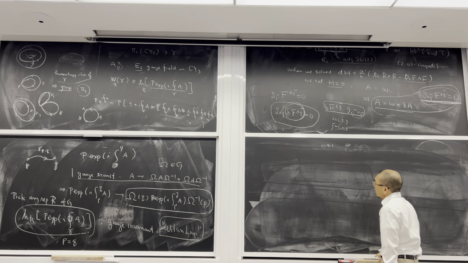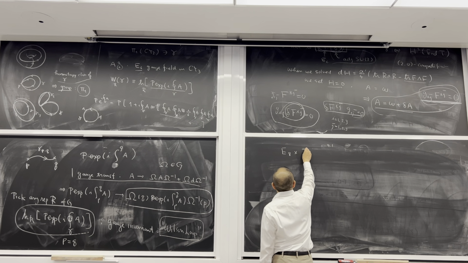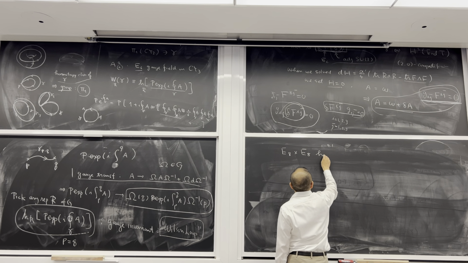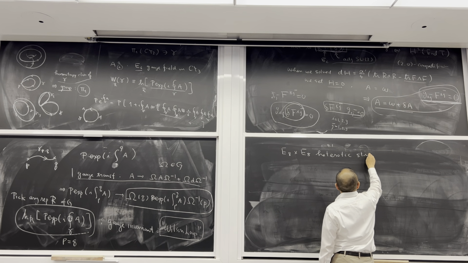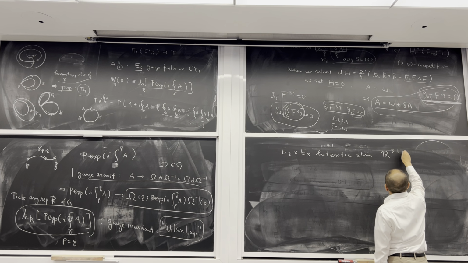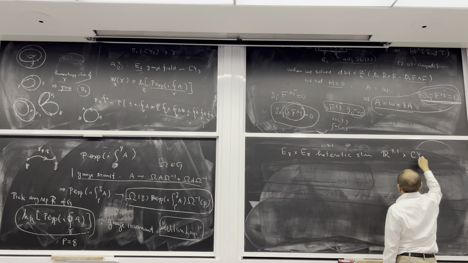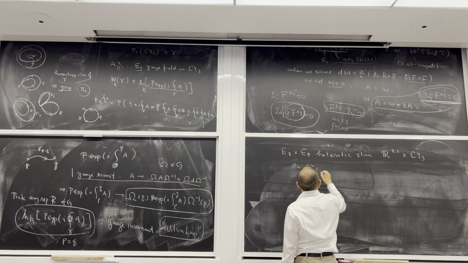So to summarize, the construction we considered is to start from the E8 cross E8 heterotic string, and then compactify it on R^{3,1} times the Calabi-Yau manifold. And on the Calabi-Yau, we do two things.